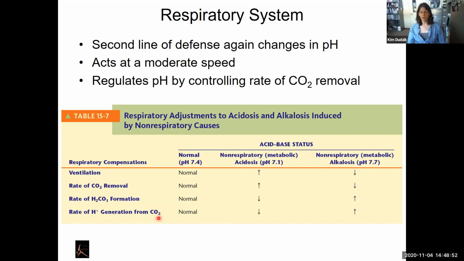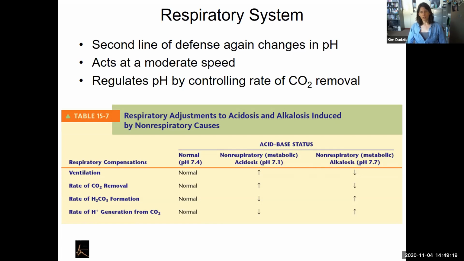So you increase the rate of carbonic acid, because we want the pH number to go lower. And therefore you increase the rate of hydrogen ion generation. Remember, we need more hydrogen ions in order to get away from alkalosis and back into normal range. Okay, so that's the respiratory system.